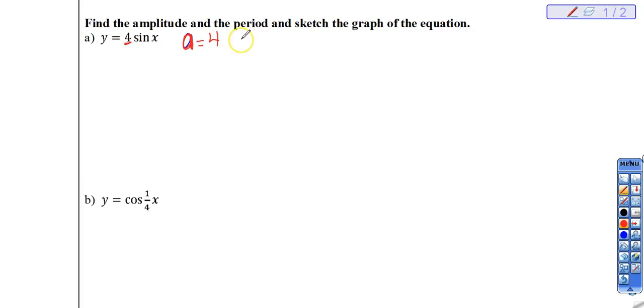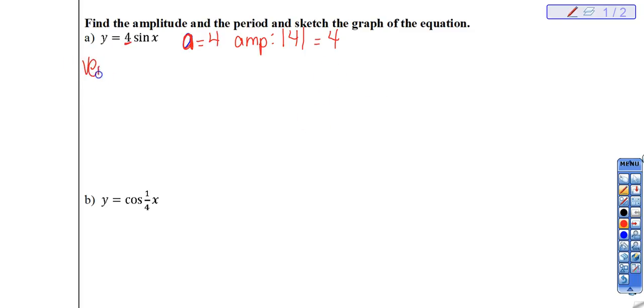Okay, so that's going to affect the amplitude of our graph. The amplitude is the absolute value of 4, or 4. So that means that our range is going to go from the sine -1 to +1 to -4 to +4. So it's really going to vertically stretch your graph.